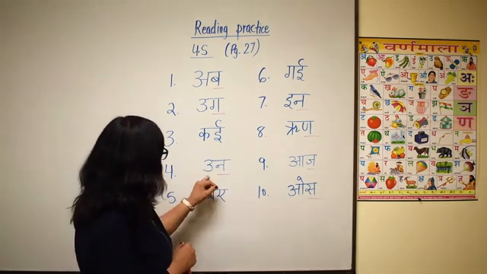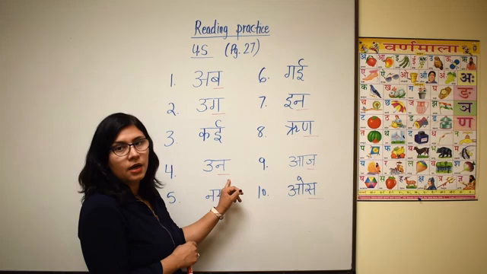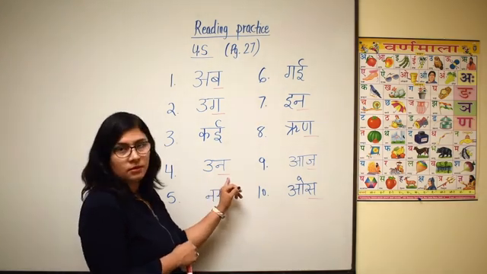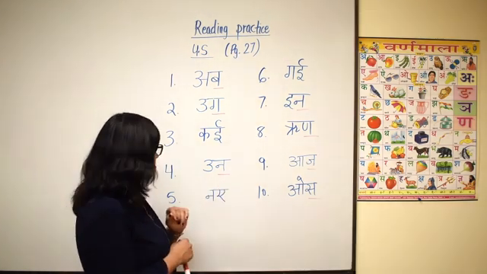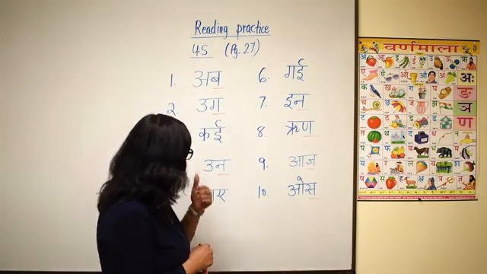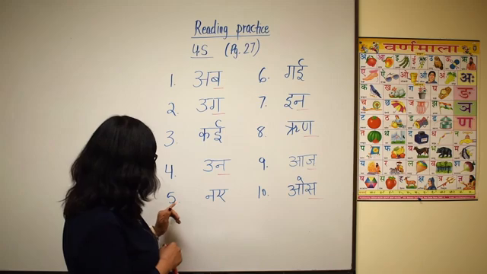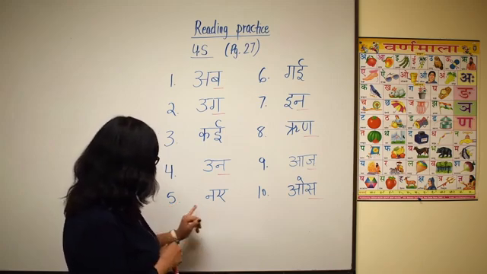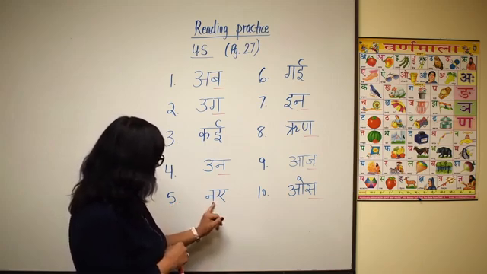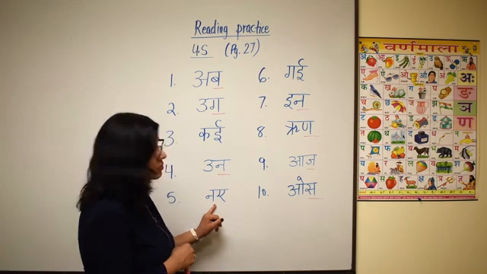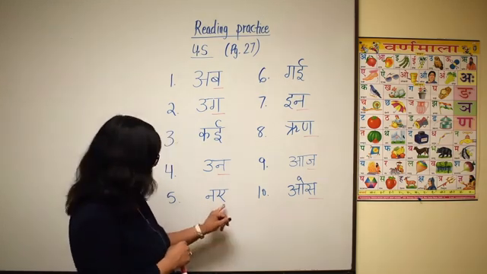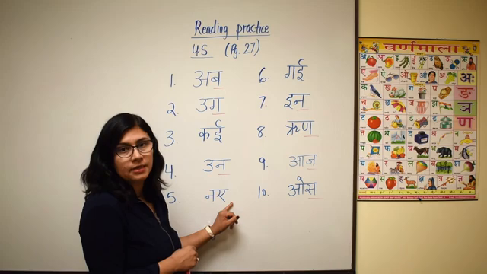Number 4, U, N. Un. Okay, so we will just have the short n sound at the end. Un. Okay. However, in the next one, number 5, since n is at the beginning of the word, we will pronounce it n a, nae.